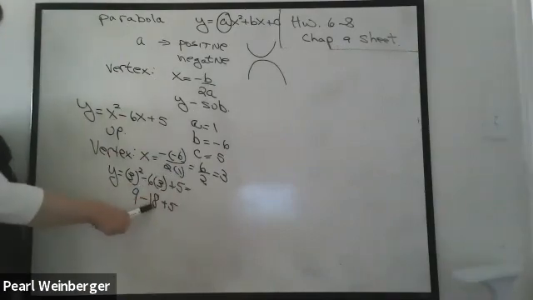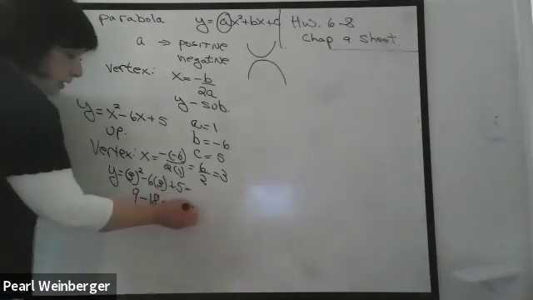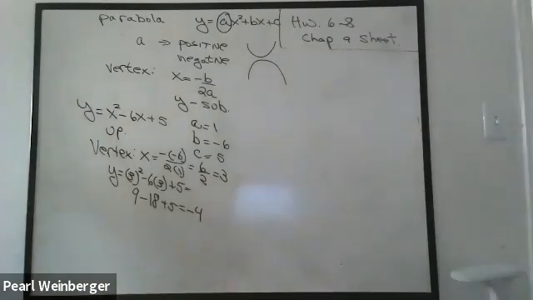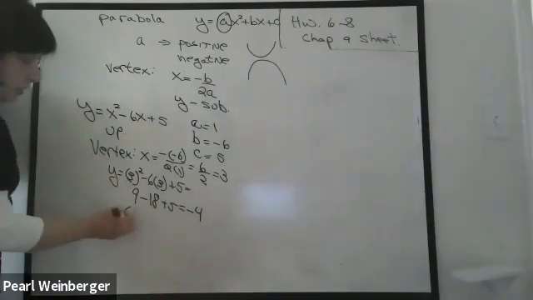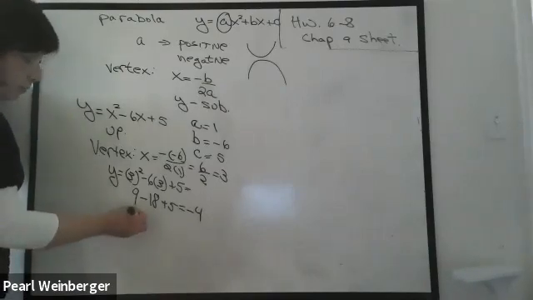So 9 and -18 is -9. -9 plus 5 is -4. So now I know exactly what my vertex is. My vertex is the point where x is 3 and y is -4.